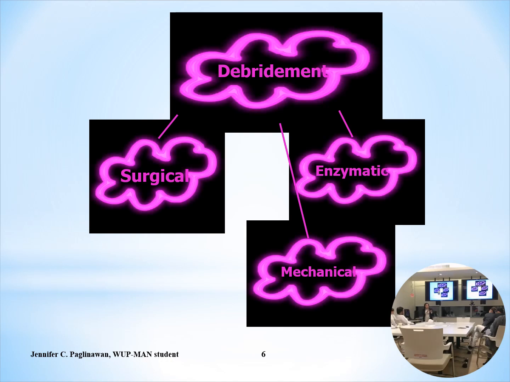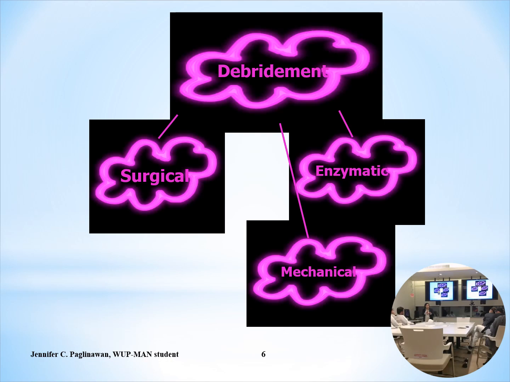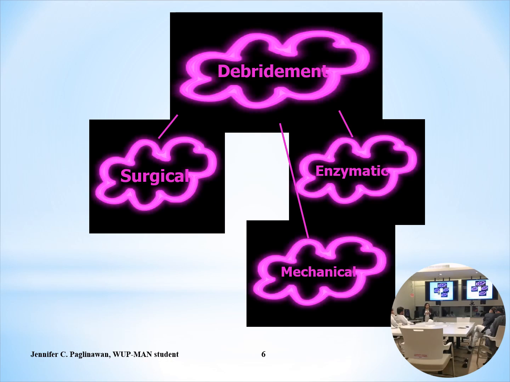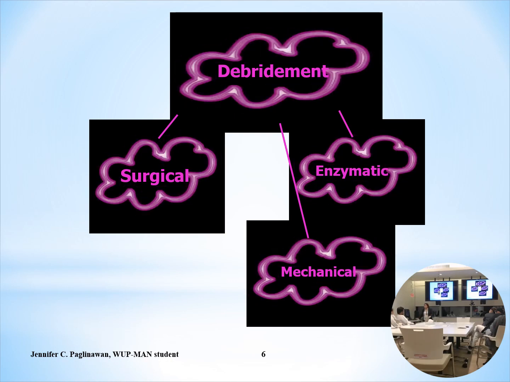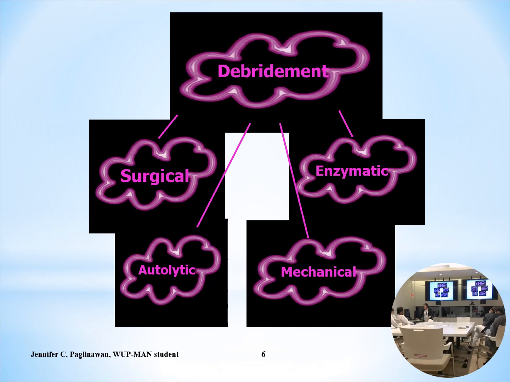When you remove the gauze, all the slough will be removed, and that's the process when you debride it. And lastly, it's the alternating.